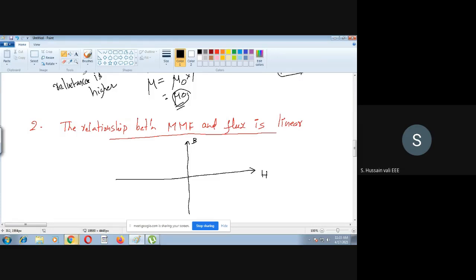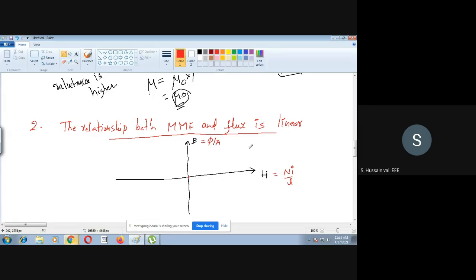B can be written as flux divided by area. Everyone knows this. Whereas H can be written as Ni by L. I don't want to derive these relationships once again; you can go through some physics textbooks to understand.